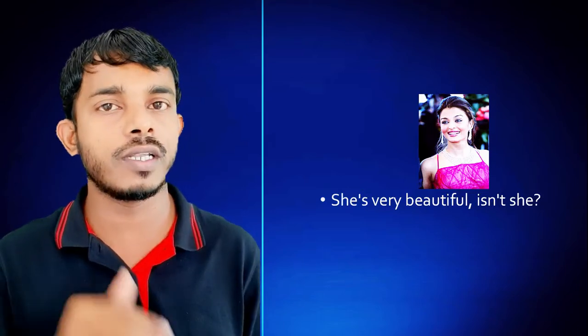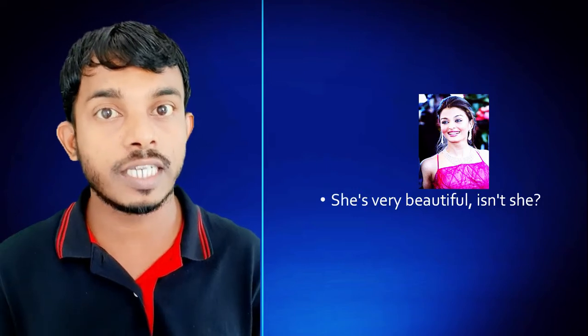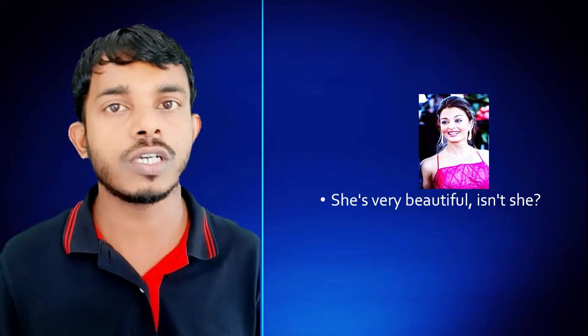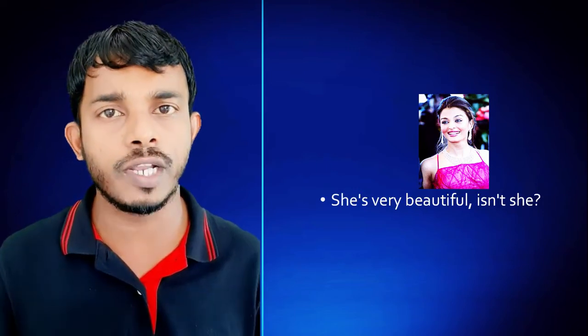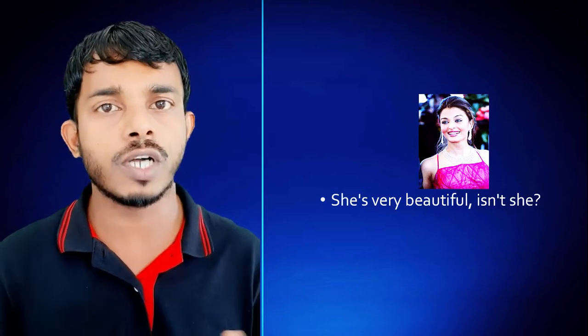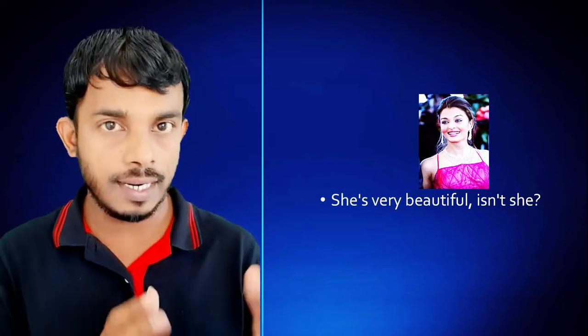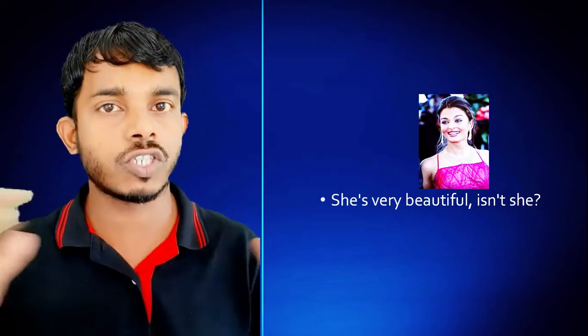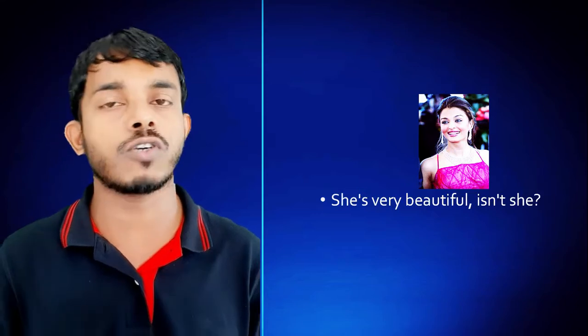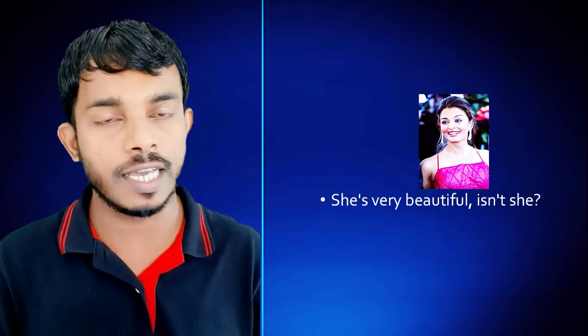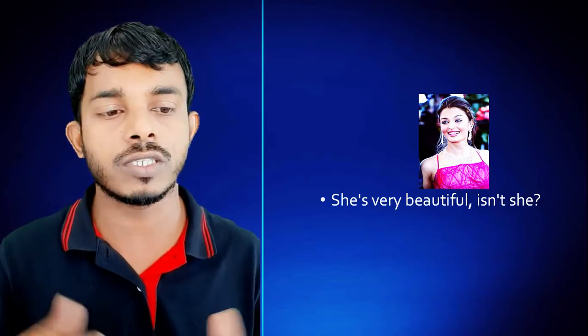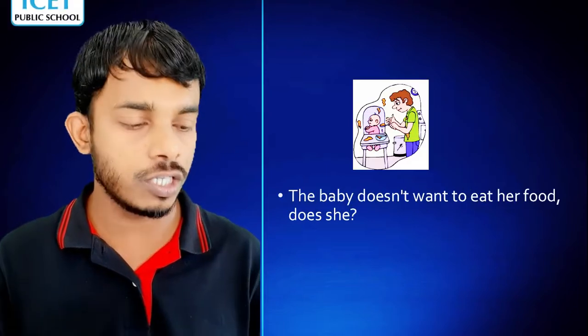You might have heard this kind of sentence from everywhere, from school or whatever you watch in English. In this structure, you might have come across many sentences like this. One example is: she is very beautiful, isn't she?